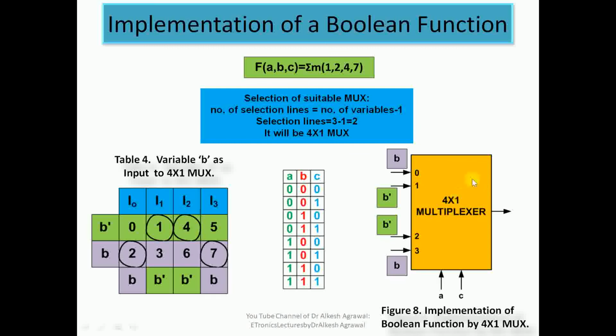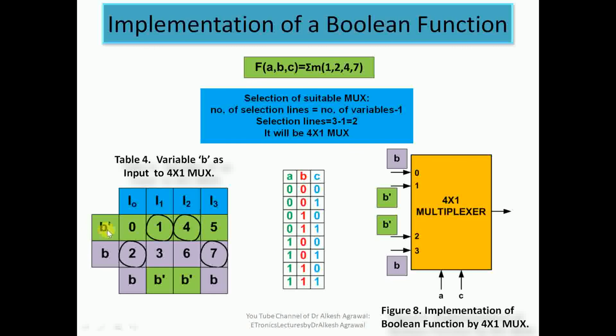Now let us take another case where the selection inputs are A and C and the main input is B. Here you can see this B variable is 0 for minterms 0, 1. So I have written for B, for minterms 0, 1, the value is B dash, and again the value 0 is for 4 and 5.